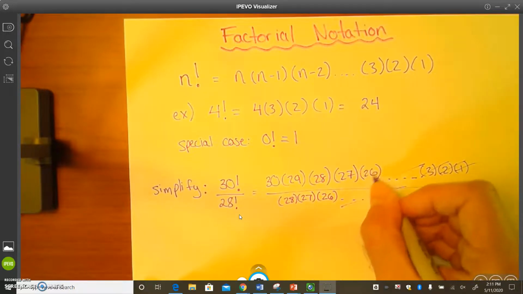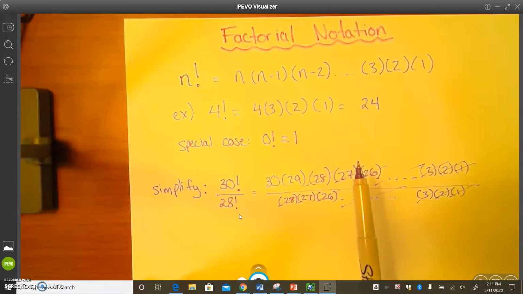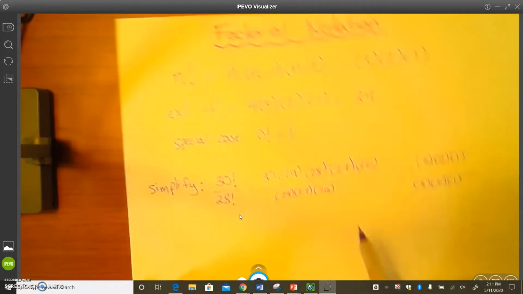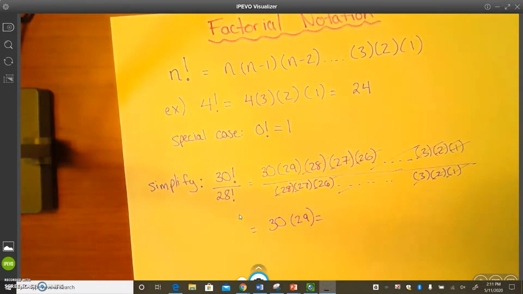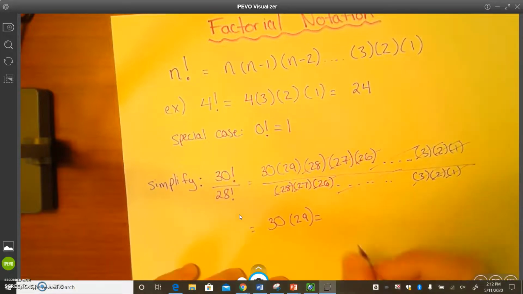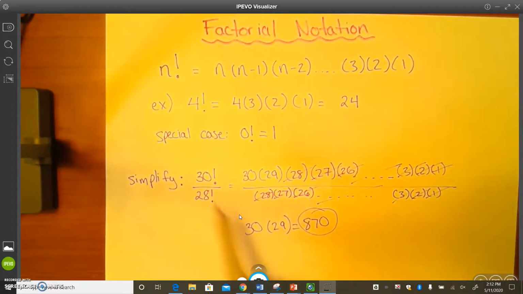This 26 cancels, the 27 cancels, the 28 cancels. The only thing that doesn't cancel are the two integers that are really the difference between these. So 30 and 29, as crazy as the numbers were that we were seeing here, it's all simply a product of 30 times 29. I type that in my calculator and I get 870. Very manageable size number for something that was potentially very crazy.